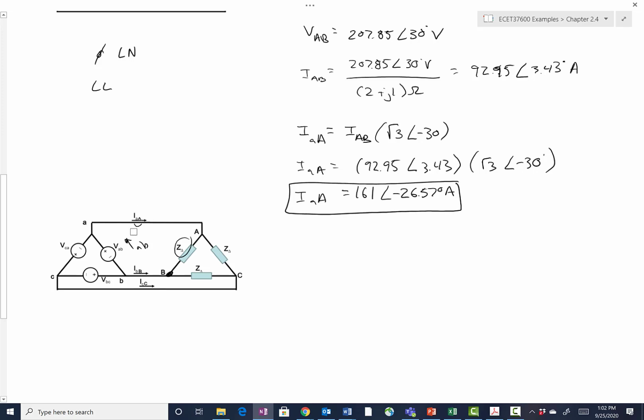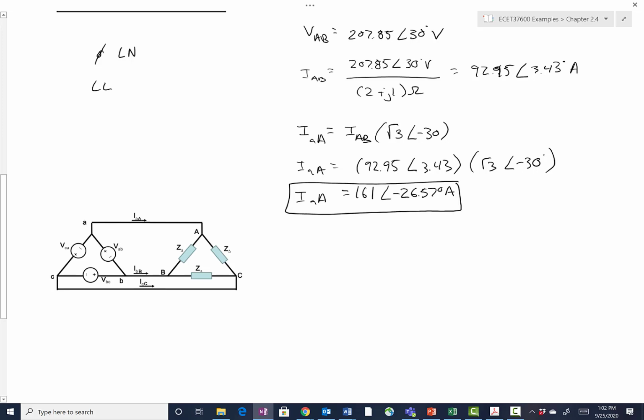So we have to do a variety of transformations here. But the overall idea is we're going to determine this current here. That allows us to determine IAA here, which allows us to determine IAB there. So we're going to have to work backwards and work three different currents for this one.